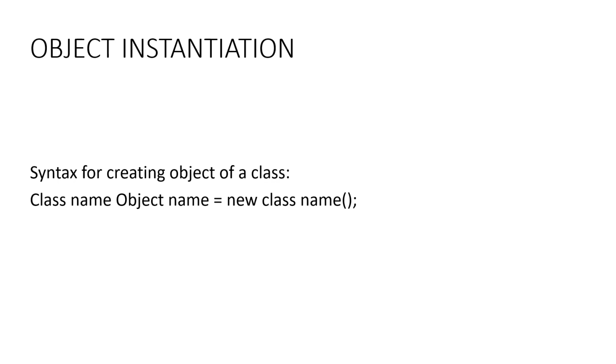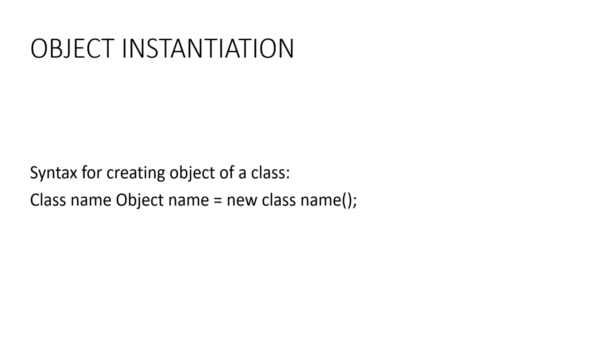Syntax for creating objects of a class: we have the class name, then the object name equals new class name. The class name is the name of the class whose object is to be created, that is, the class that you want its object to be created.